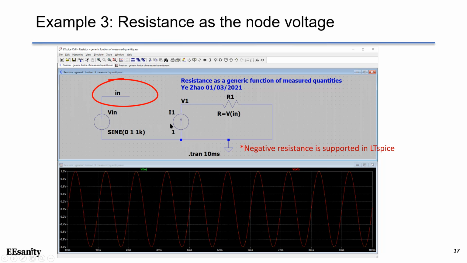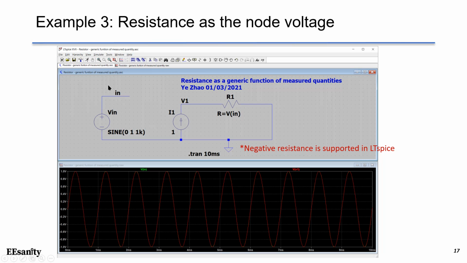And similarly, we have the same circuitry as shown before. This is a 1 amp DC current source injecting into R1. And we are going to measure the voltage over V1 to represent the resistance over R1. The resistance is defined as the value of voltage at the line named in.